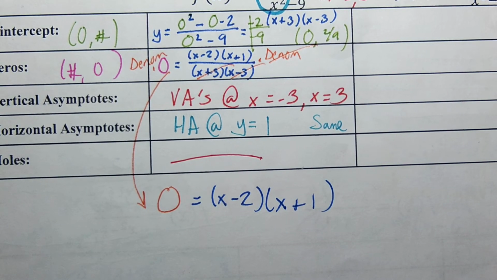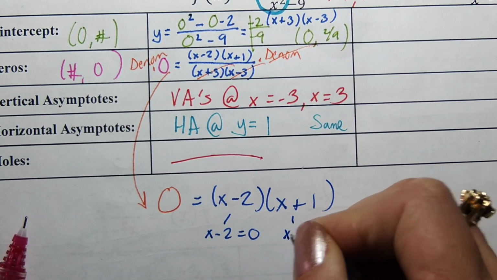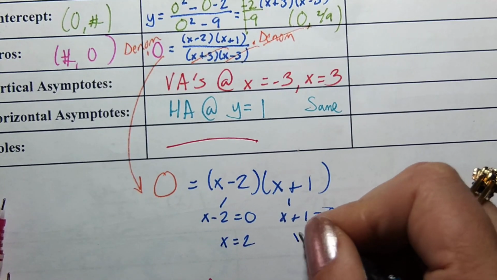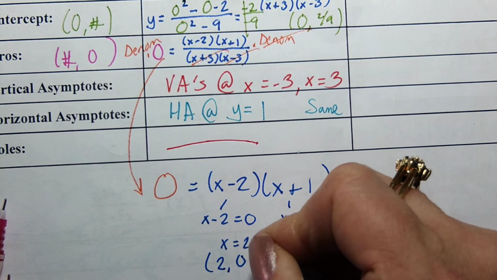How do we solve something like this for x? Set them both equal to 0. So x minus 2 is equal to 0, or x plus 1 equals 0. X equals 2, x equals -1, and boom, we have 2 x-intercepts.